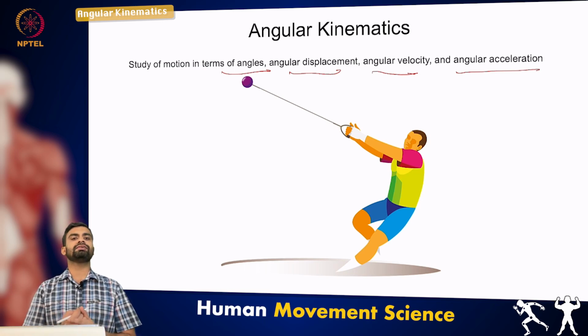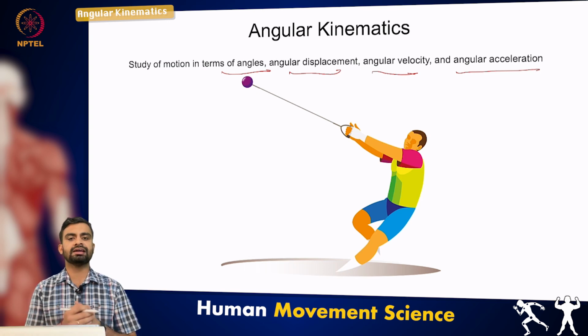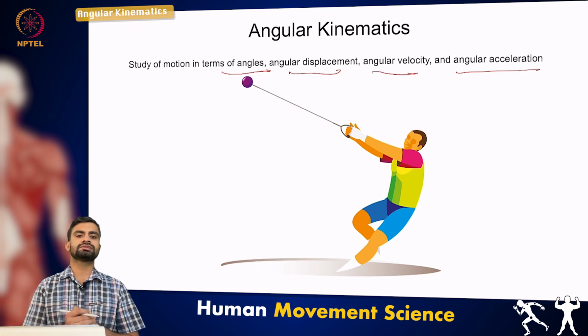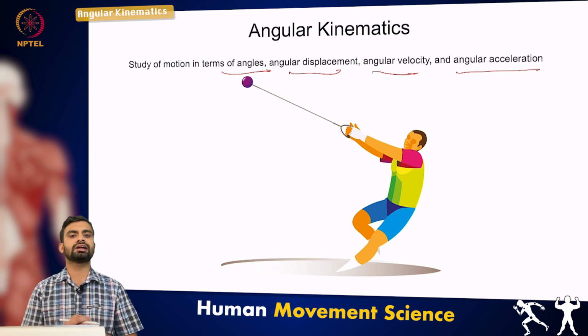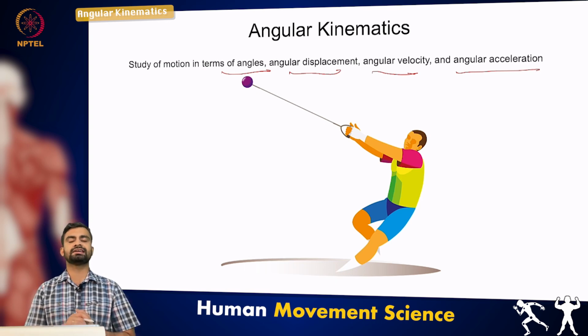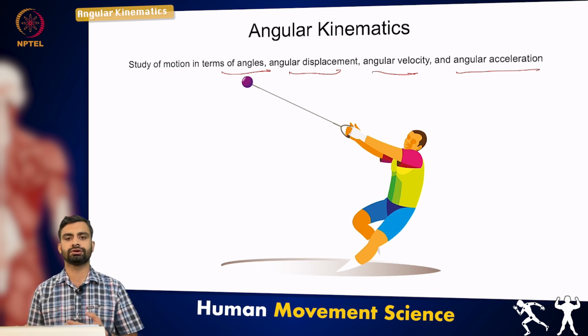It is particularly relevant when analyzing movements involving rotation about an axis, such as joint movements in the human body or rotational motion in sports equipment. Understanding angular kinematics is crucial in analyzing and optimizing movements involving rotation.